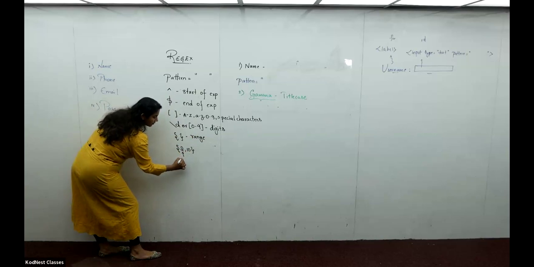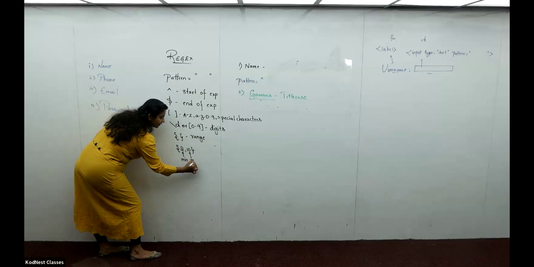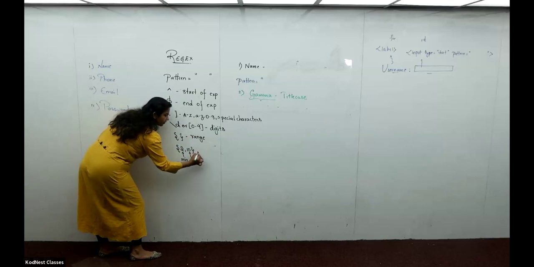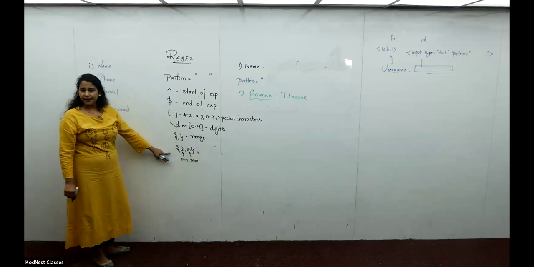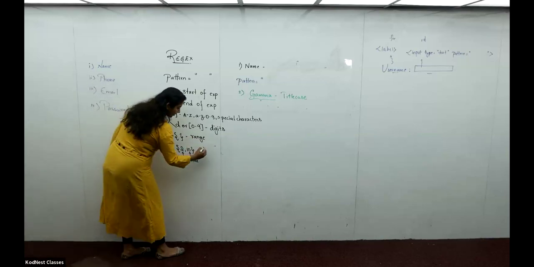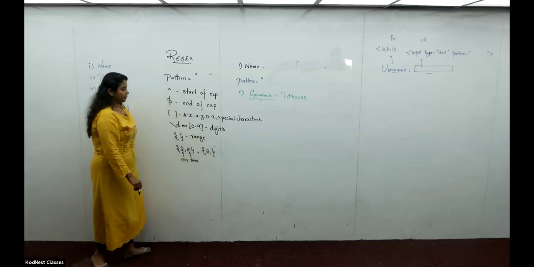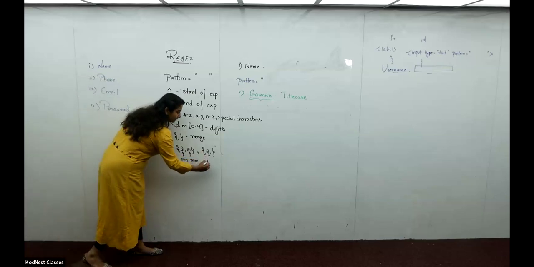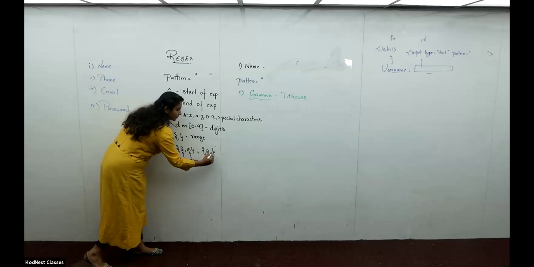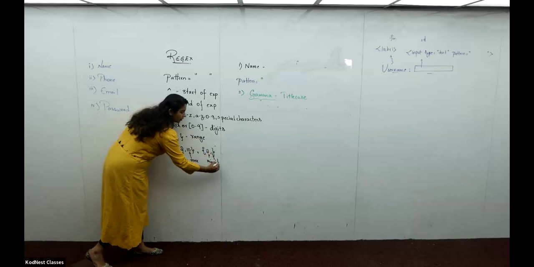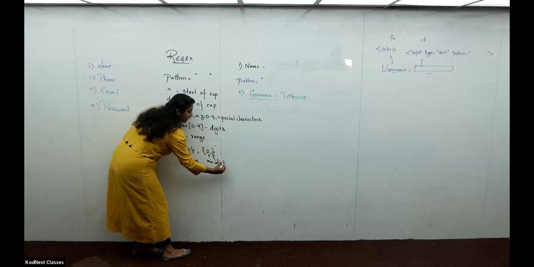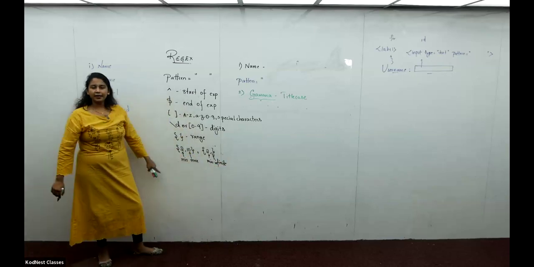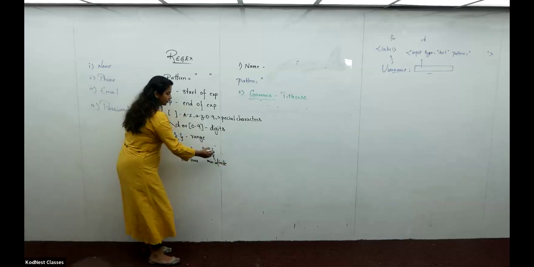Minimum 2 characters I can have, maximum 10 characters I can have. This is one way you can specify. What is one more way? 2 comma, no value. So I can say minimum of 2 characters and maximum infinite. It can be any number of characters. One more.